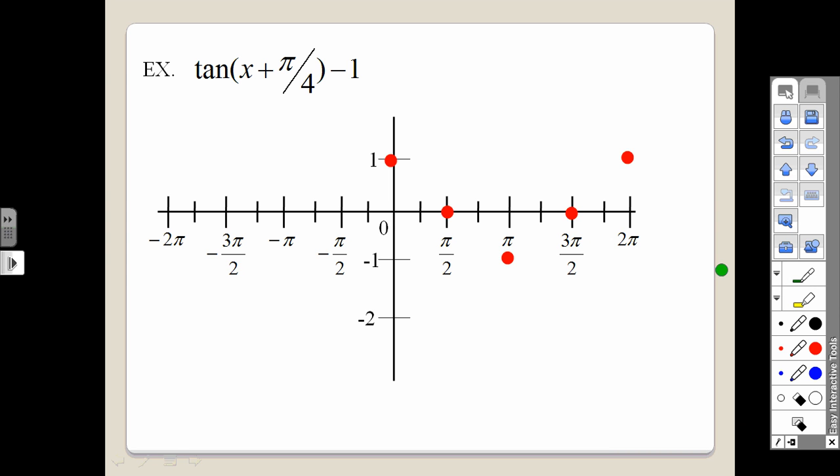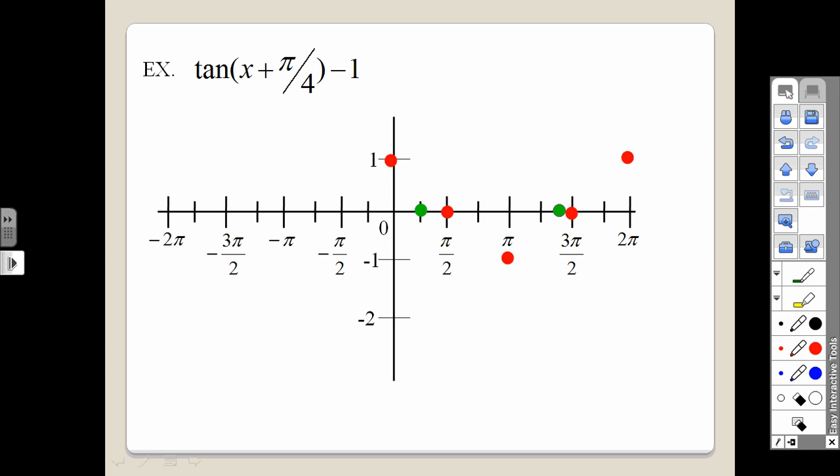And then I need to shift pi over 4 units to the left, because I have a plus there. These values right here, when I break up pi over 2 in half, this is pi over 4, right? So this point is going to move right here. I don't really care about that point so much because it's not a 0.